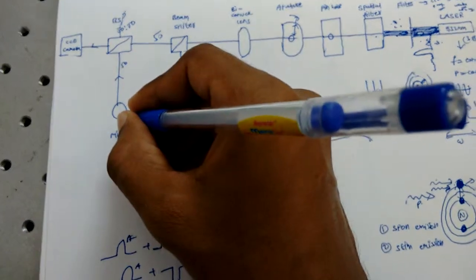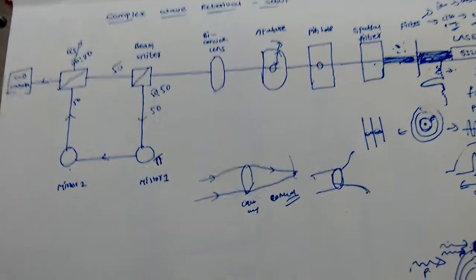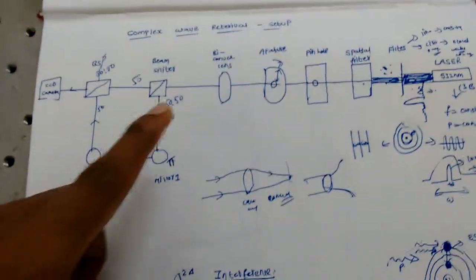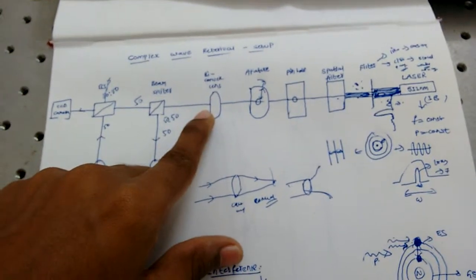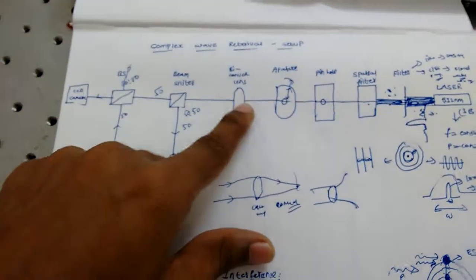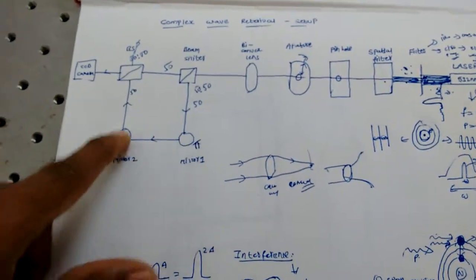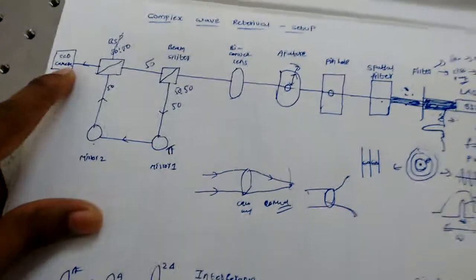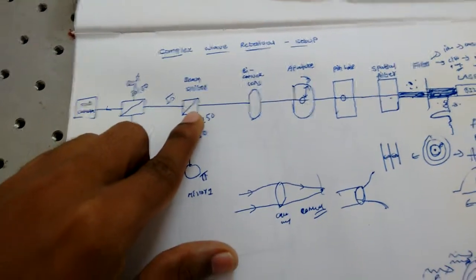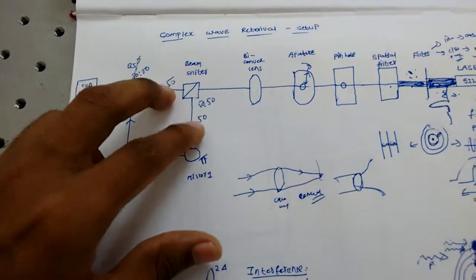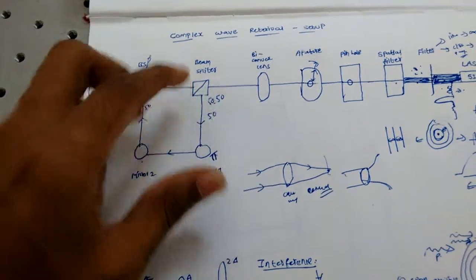And you can see the procedure of how that interference pattern forms from this biconvex lens. After focusing into the convex lens, this is the one path and this is the second path. So let us assume the first path. After the beam splitter we are splitting into two, 50 on this side and 50 on this side.